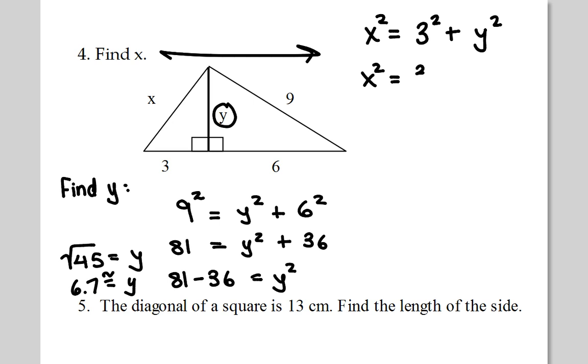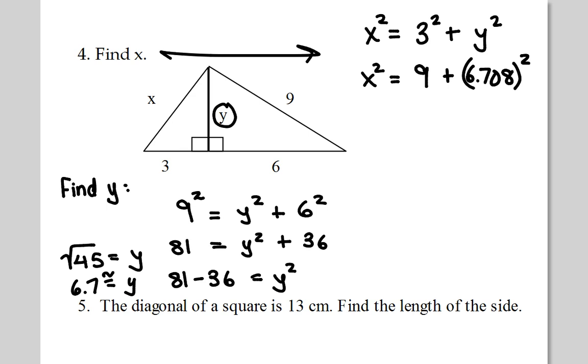We can sub in. I'm going to take a few decimals with me, 6.708. And that's from the previous answer. And I just take a few extra decimals for accuracy. And on this one, actually, because I can copy paste, I get all the decimals. So I can square that.